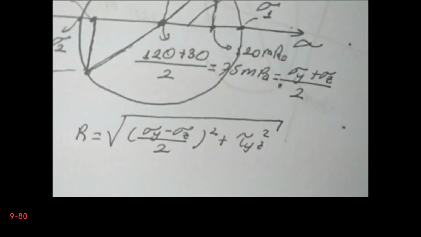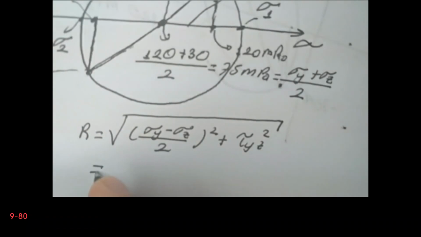Therefore, we can easily calculate the radius from here. So it is the square root of 45 squared plus 70 squared.